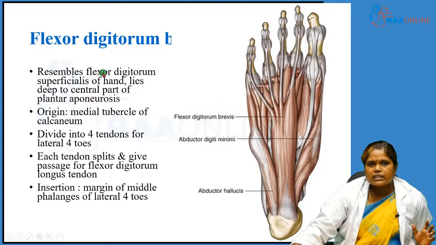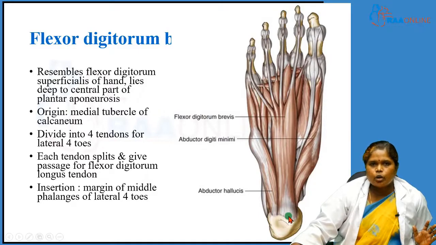Flexor Digitorum Brevis is the equivalent of that muscle. It lies in the center part of the plantar aponeurosis, the deep fascia of the sole, just deep to the center part of it.